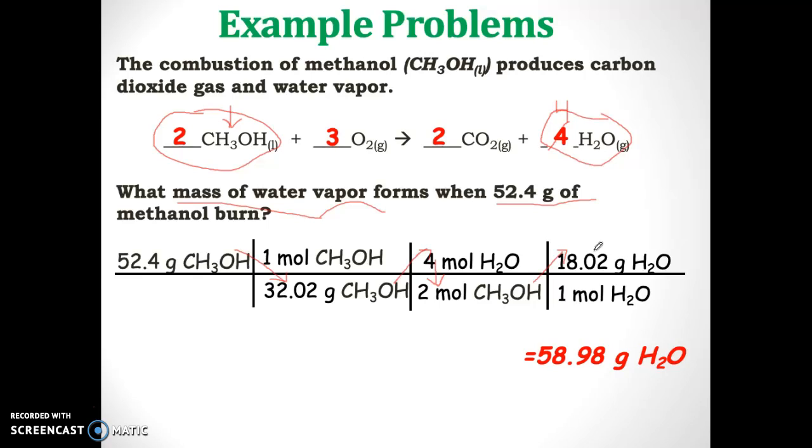Again, another 3-step stoichiometry problem. Once you're done with this, let's go ahead and turn it to the back. Give you a minute to jot this down.